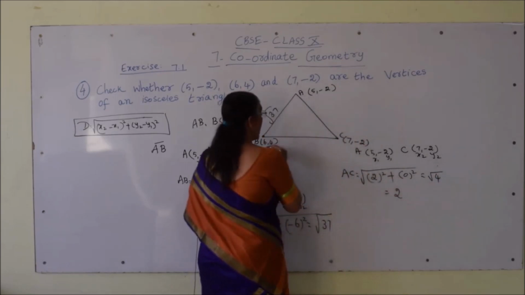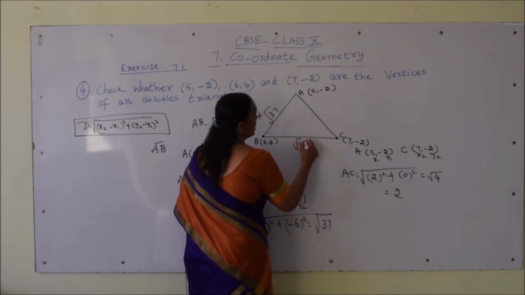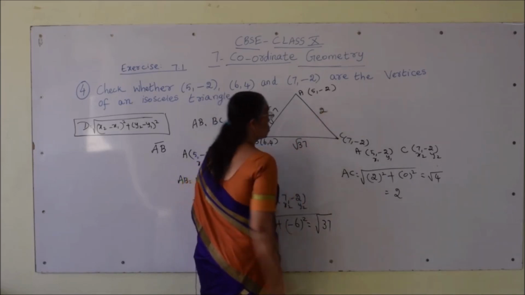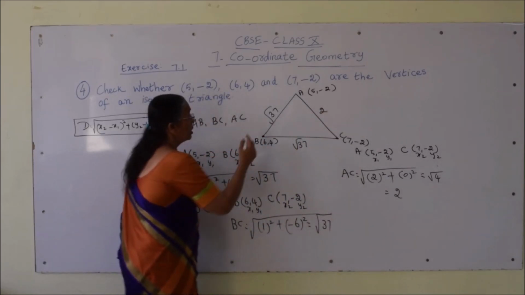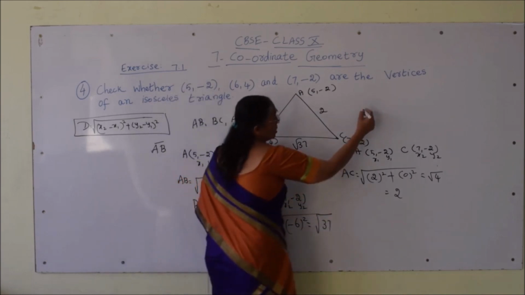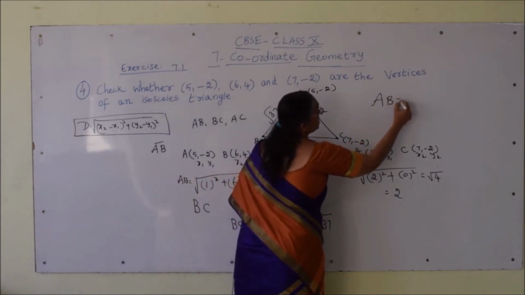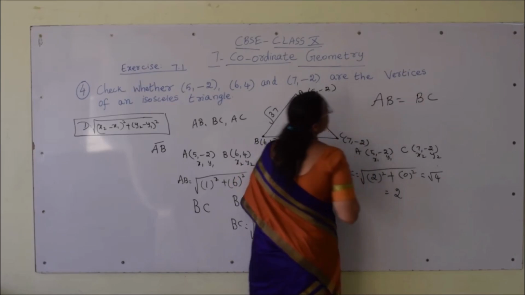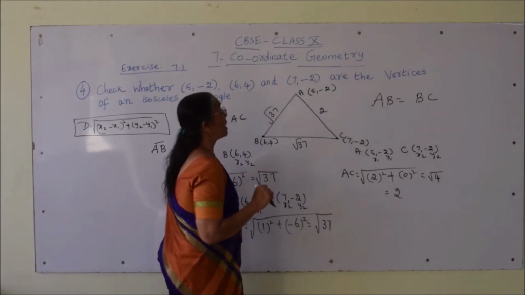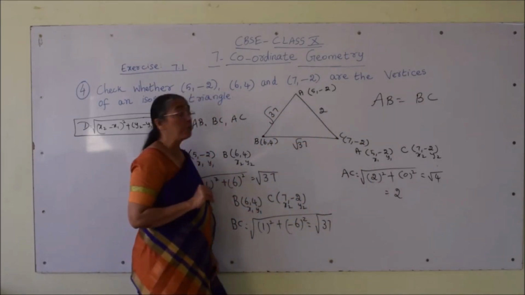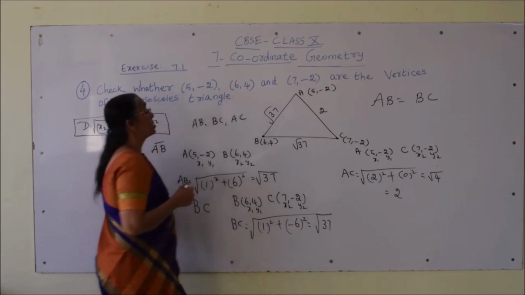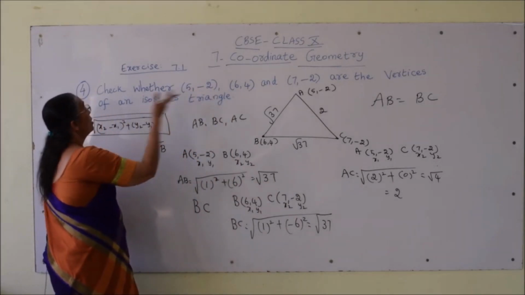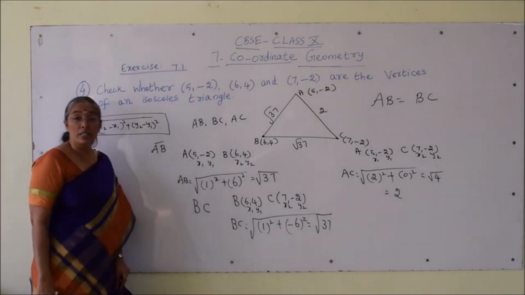So, BC is again root 37, and this distance is 2. So, we got AB equal to BC, that is, two sides of triangle ABC are equal. Therefore, the given points are the vertices of an isosceles triangle.